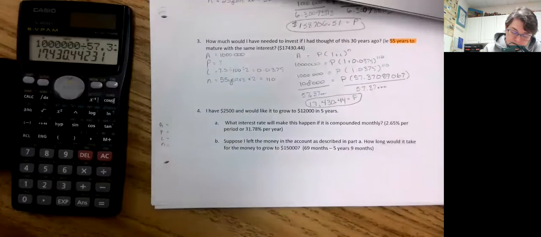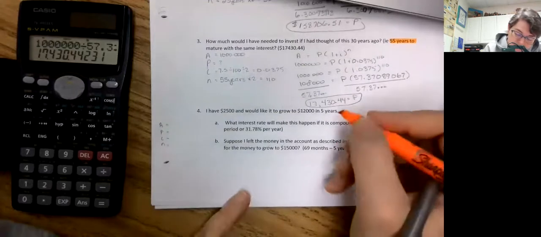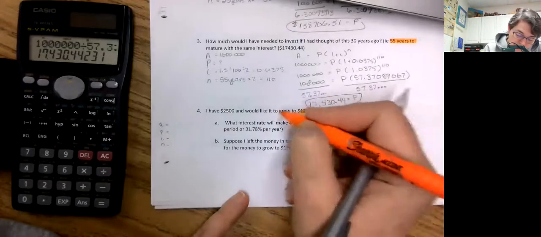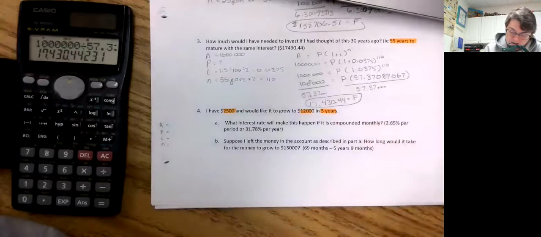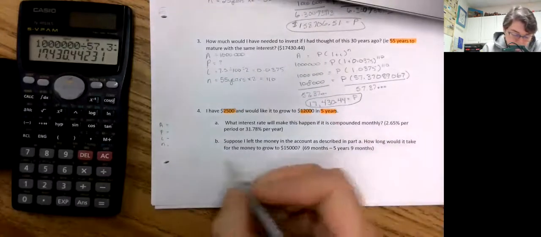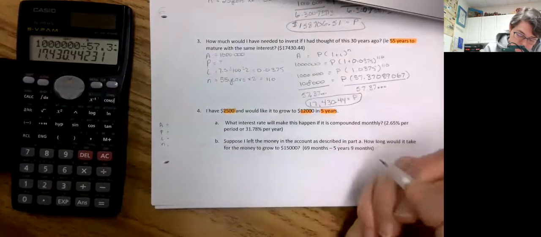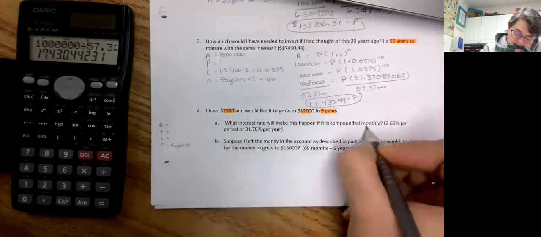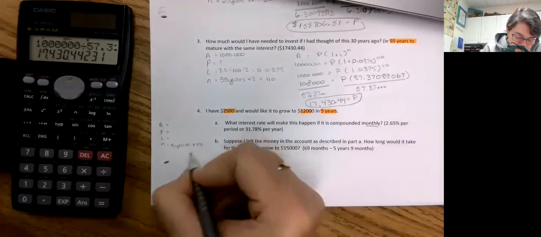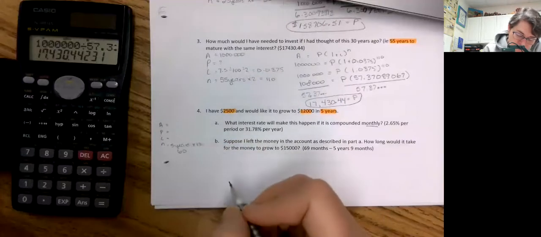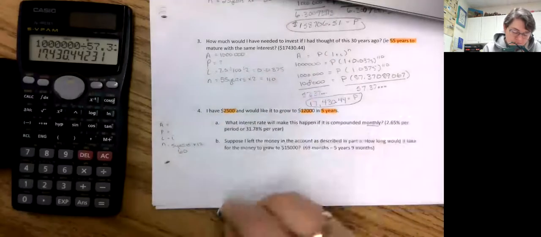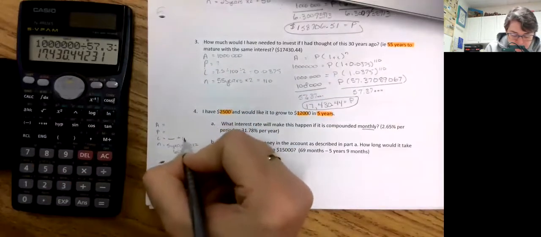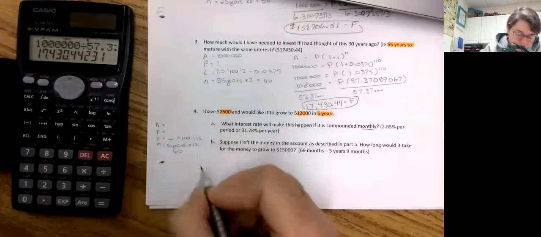Okay, so we have 5 years and we've got some money. Let's see, I'll do the years first. 5 years, and compounded monthly, times 12, gives me 60. I'm looking for my interest rate. As a reminder, whatever it is, maybe divide by 100, divided by 12.